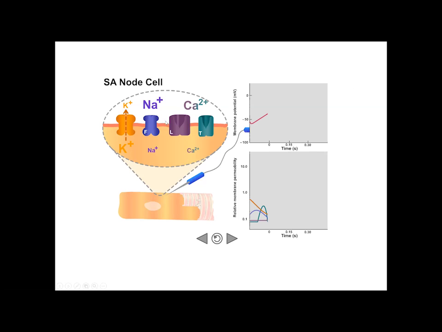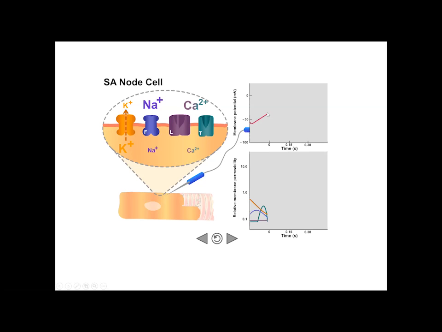And then when we reach threshold voltage, remember this might sound complicated, but the way these channels work is not that complicated, because you reach a specific voltage and they naturally will open. There's got to be a conformational change of some sort. When you reach a high enough voltage, you open voltage dependent channels, right?